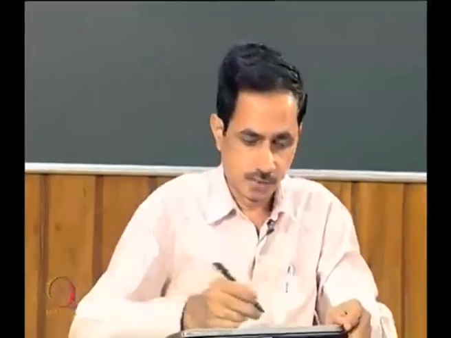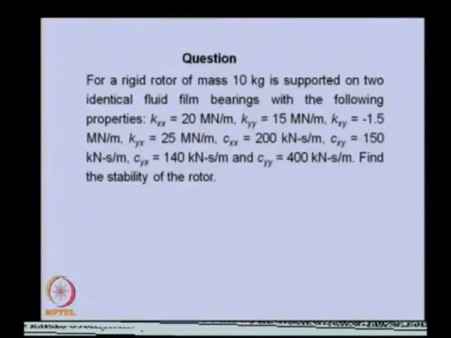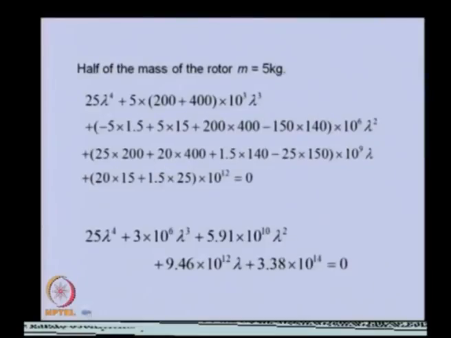Now, through a very simple example, let us see this particular Routh-Hurwitz criteria. In this case, we have taken a very simple rotor model of 10 kg supported on 2 identical bearings. The properties of the bearings are given here. We need to find out the stability of the rotor system.